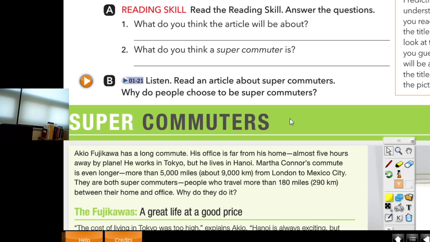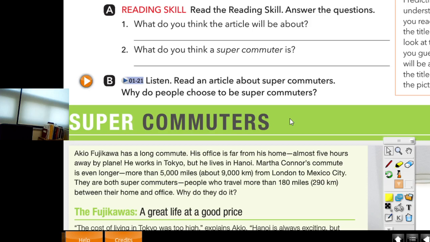The Fujikawas, a great life at a good price. The cost of living in Tokyo was too high, explains Akio. Hanoi is always exciting, but nothing is very expensive, he says. Also, flights between the two cities are frequent and cheap. So, 5 years ago, the family moved to Vietnam.